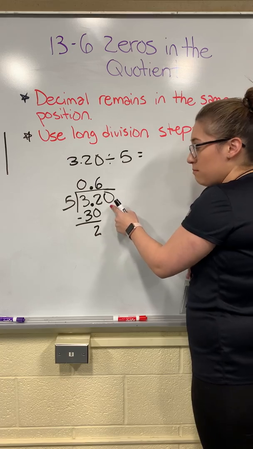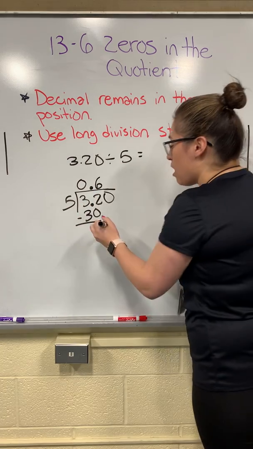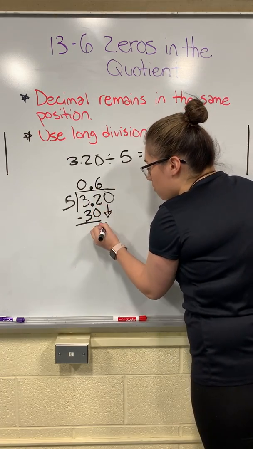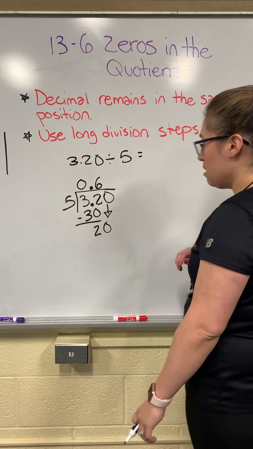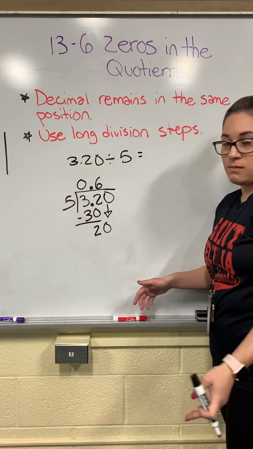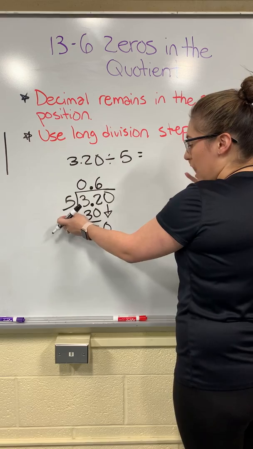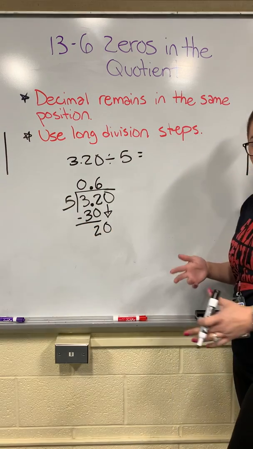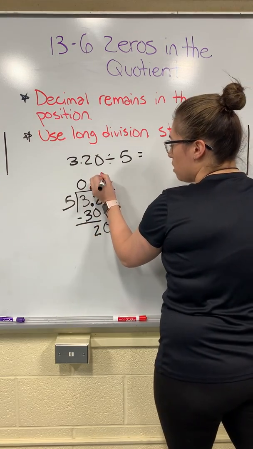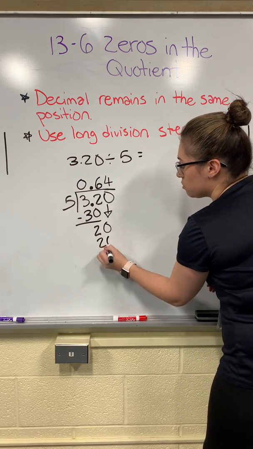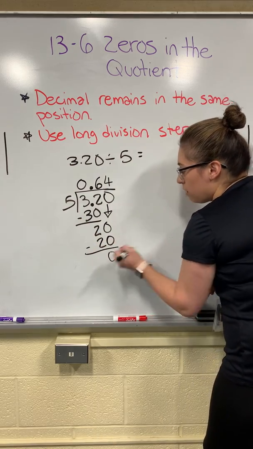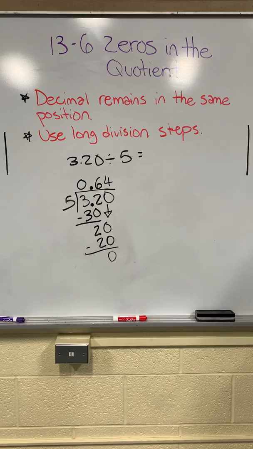And now that I'm to my last digit in this problem, I'm still going to bring it down, even though it's a 0, okay? Now it makes 20. So now I'm thinking, how many times does 5 go into 20? Another multiplication fact, 4. So 4 times 5 is 20. And we have no remainder. Okay?